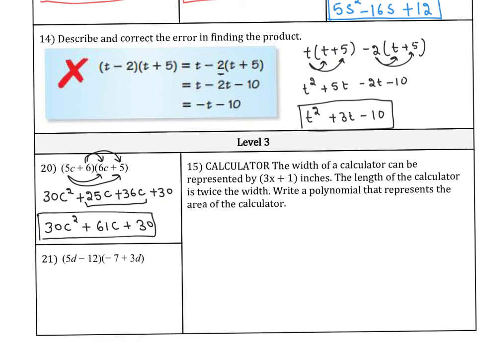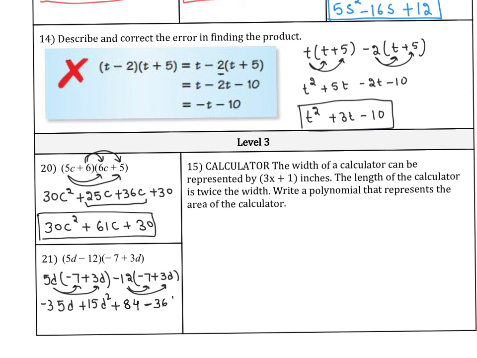For number 21, I'm going to use the distribution method. So 5d times negative 7 plus 3d, and negative 12 times negative 7 plus 3d. We're going to distribute the 5d first and then negative 12 inside. So what I got here is negative 35d plus 15d squared plus negative 12 times negative 7, and that's going to be 84 minus 36d.